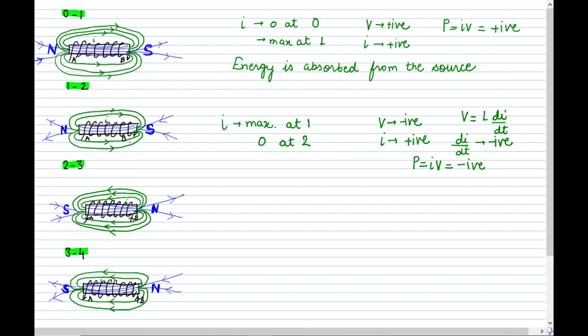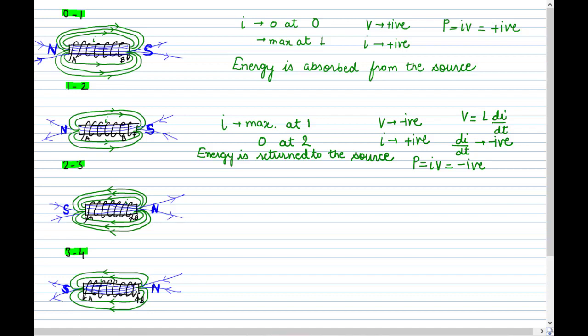That means the energy is returned to the source. Whatever energy was absorbed by the coil is returned to the source. Here there is magnetization, the magnetic flux lines are in this direction, and then the current becomes minimum.